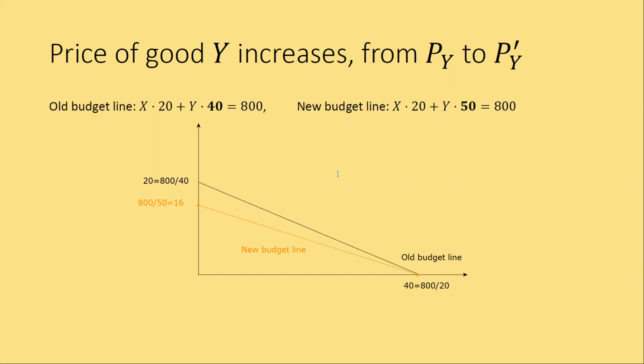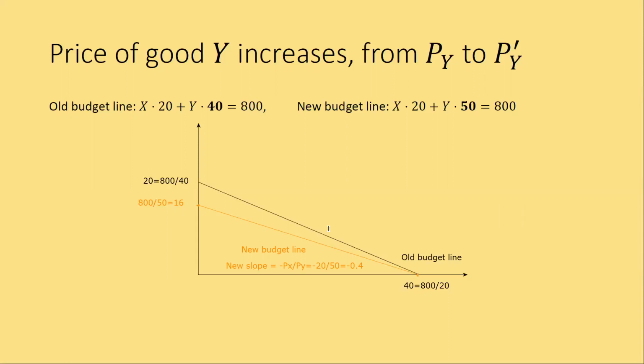Now the slope of it becomes flatter, right? Previously the slope was -half. If we want to calculate the new slope, we can use the formula that the slope is equal to the negative value of px divided by py. If we substitute in the values, px is 20 and py is 50, and this number is -0.4, which is smaller than -0.5 in absolute value.